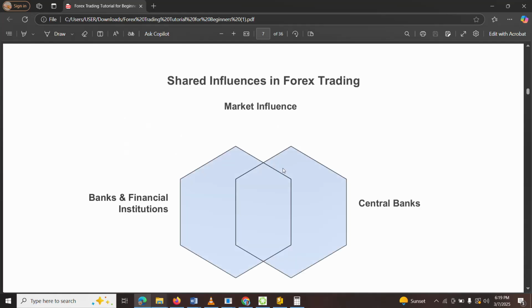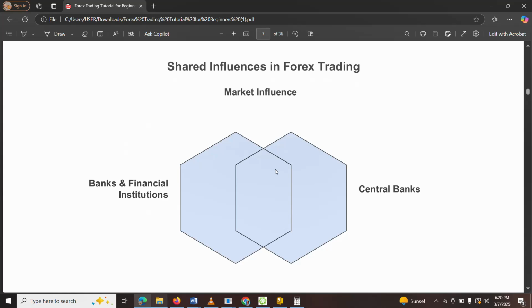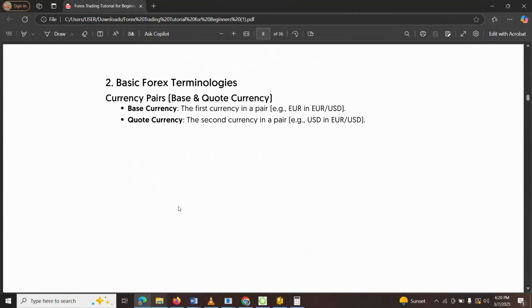That is demonstrated in the market influence diagram. We have central banks, and then banks and financial institutions on the other side. That is just to demonstrate how different institutions are able to influence forex trading.